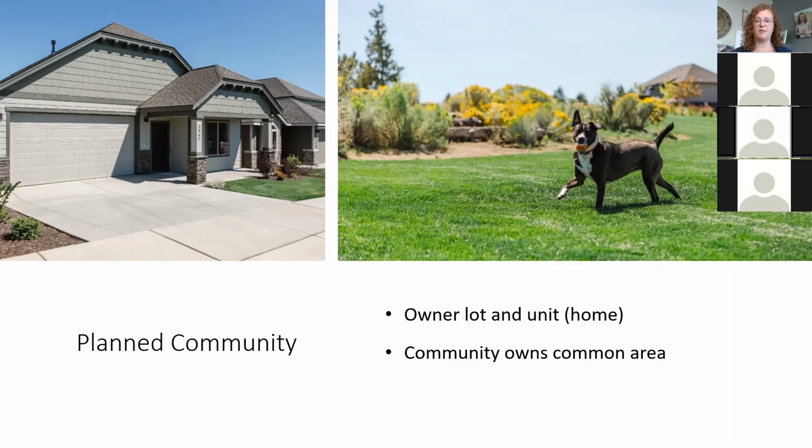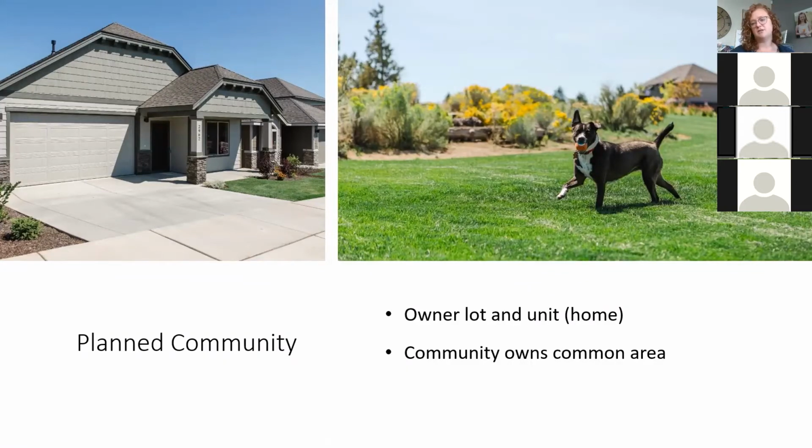The interesting part about this is you can also have a planned unit community that looks sort of like a condo. You could have attached structures. You could have it in sort of a townhome fashion. So just because the product is attached doesn't mean that it would automatically not be a planned community.